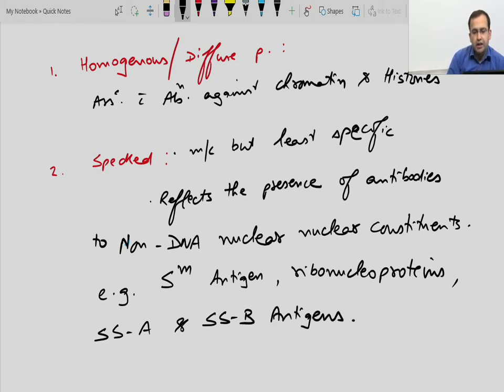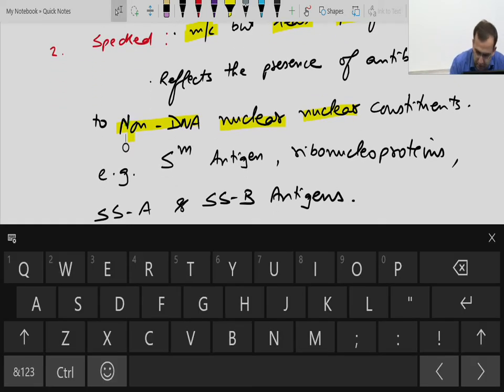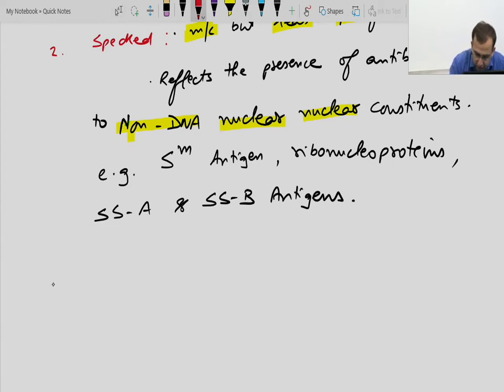So speckled is the most common but least specific and has antibodies against non-DNA nuclear constituents. The next pattern is the nucleolar pattern.